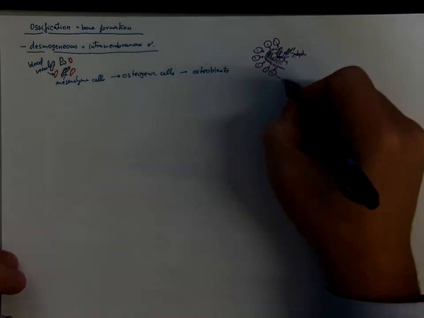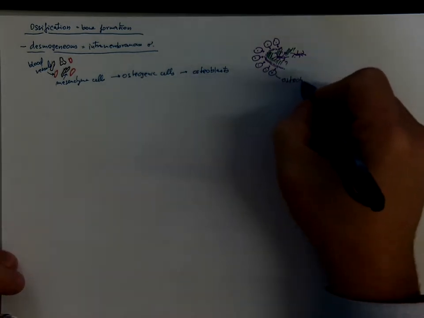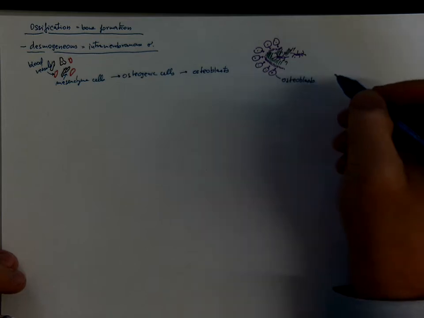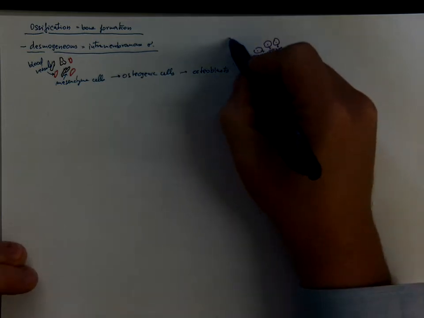So these are the osteoblasts on the surface of the new bone trabecula.